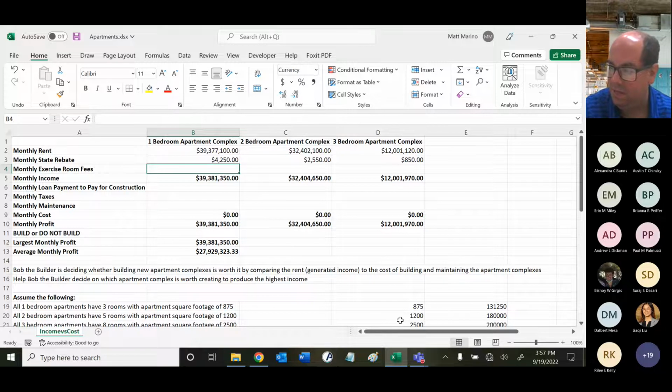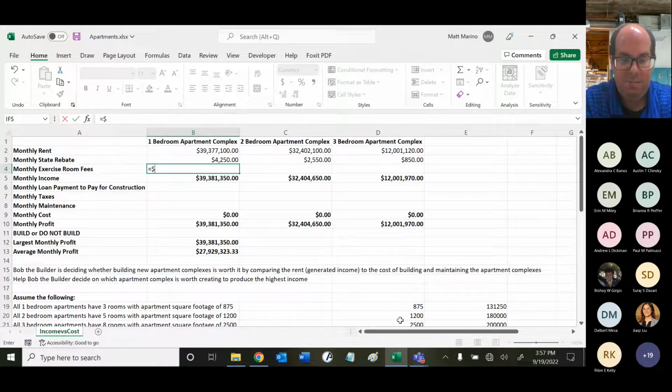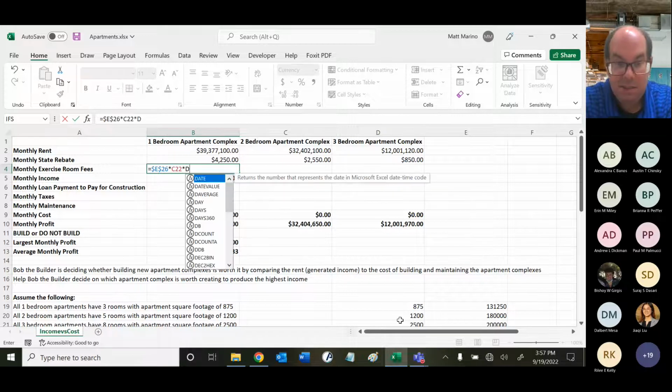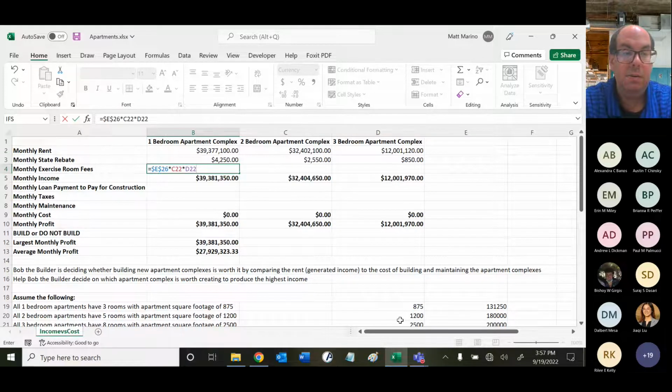Okay, so for the monthly exercise room fees, we do the absolute of E26 times C22 times D22. So in this example, I'm assuming there's one person living in every room. On the homework, you don't have to do that.